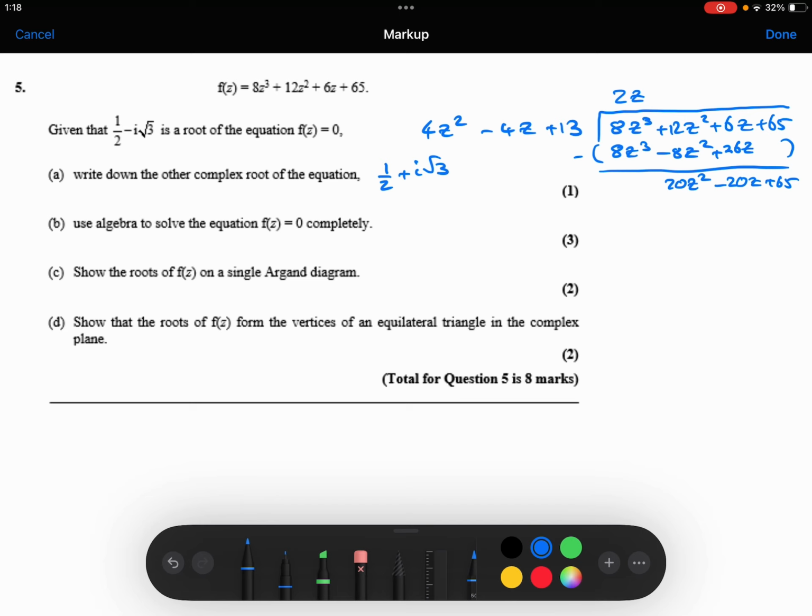Repeating that process, the 4z squared goes into the 20z squared 5 times. And multiplying that back out, the 5 times the 4z squared is 20z squared. The 5 times the minus 4z is minus 20z. And the 5 times the 13 is 65.